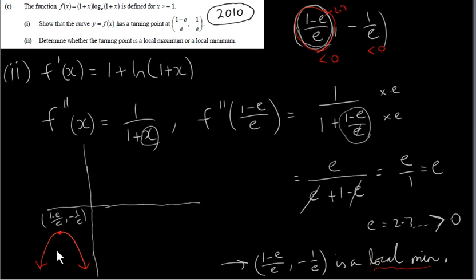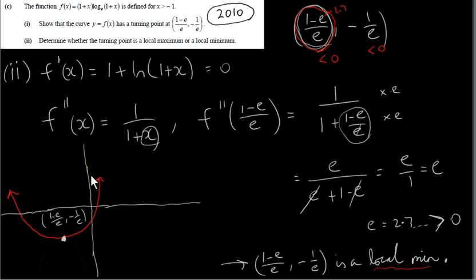So I have this upside down. Now the graph must look like this actually, because it's a local minimum. And we've already explained that there is only one turning point. When we solved the equation f prime of x equals 0, we saw that there's only one solution. One value of x. (1 minus e) over e was the value of x. So there's only one turning point.